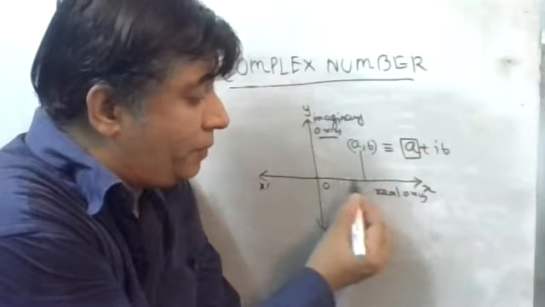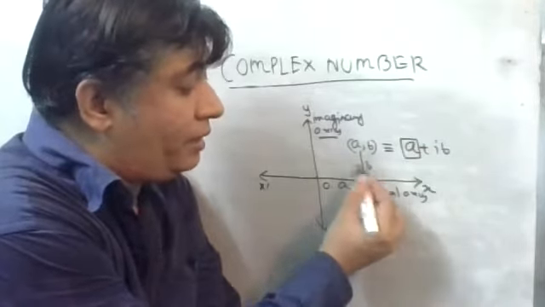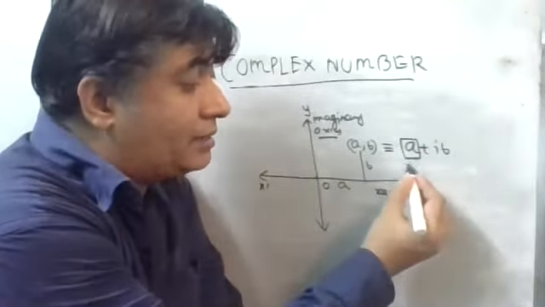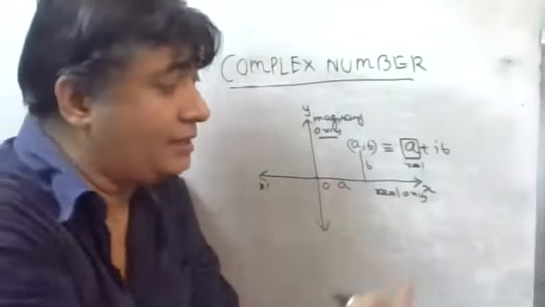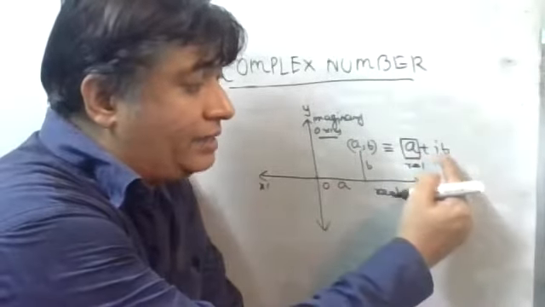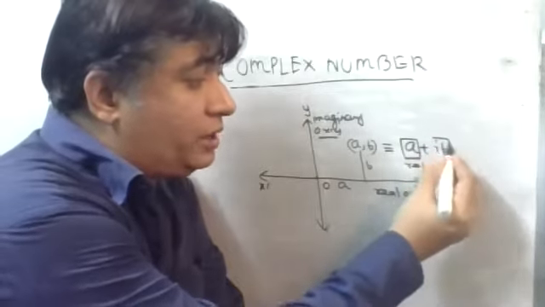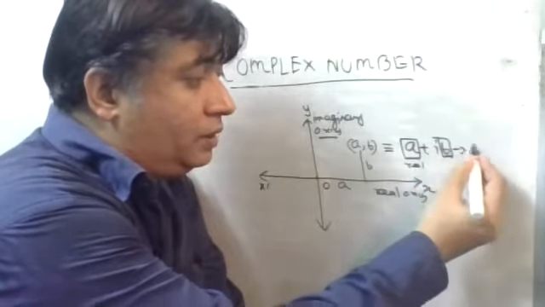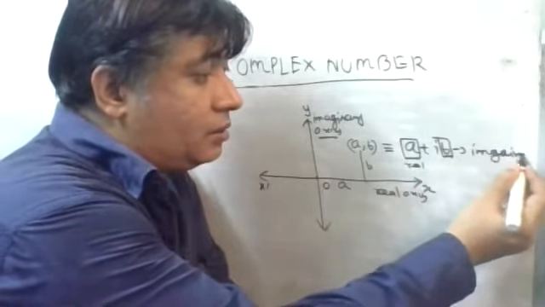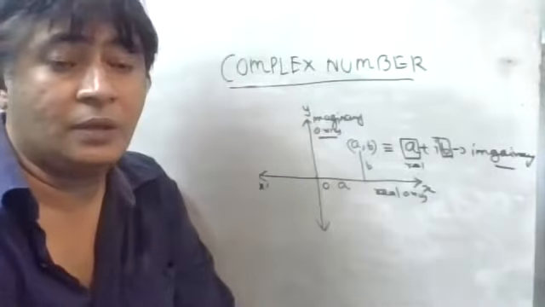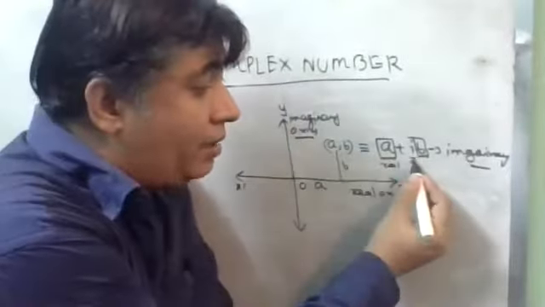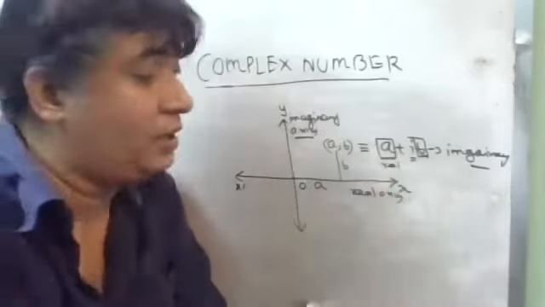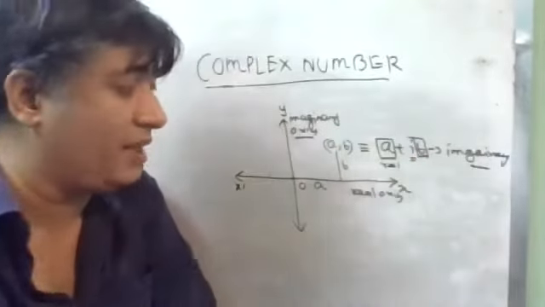If you drop a perpendicular, this is the x component, this is the y component. a is real, b is also real. But as iota or i is attached with b, this part is called imaginary.